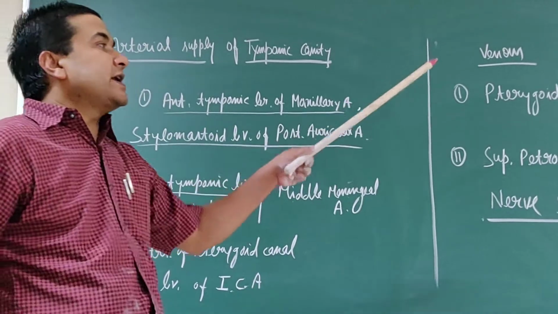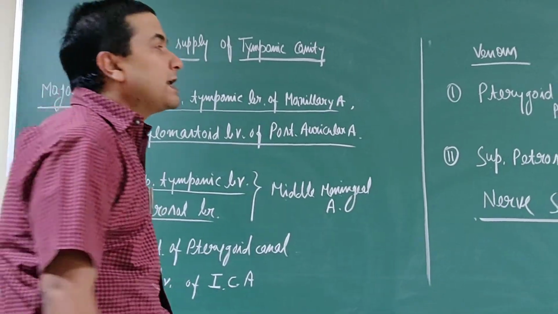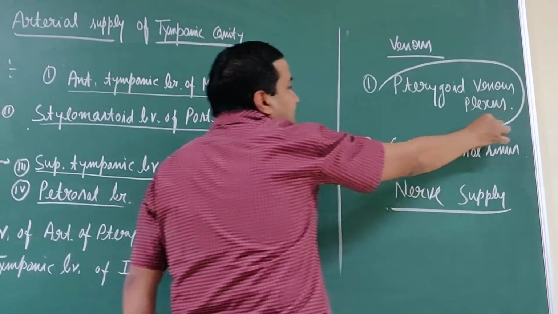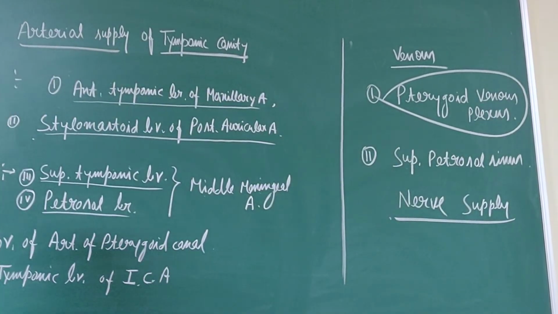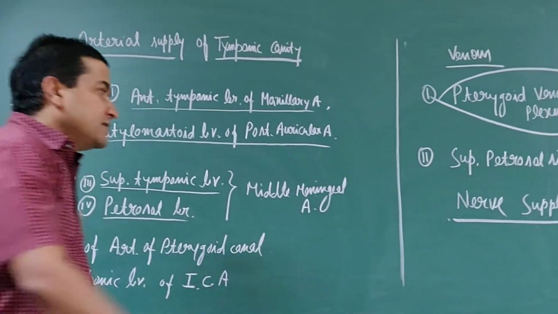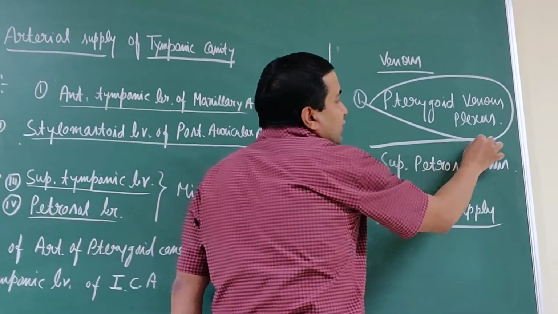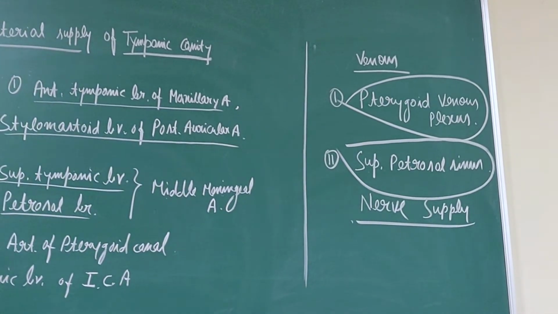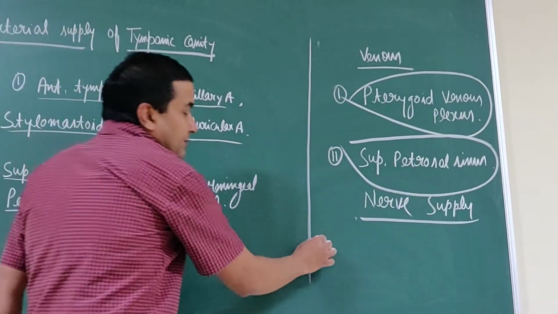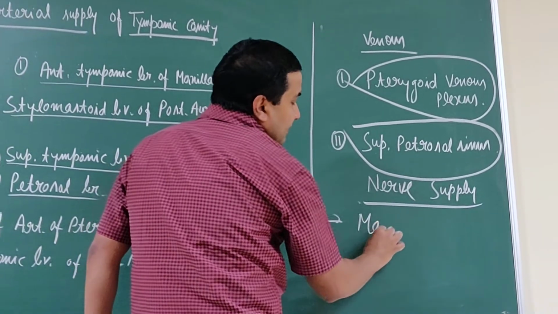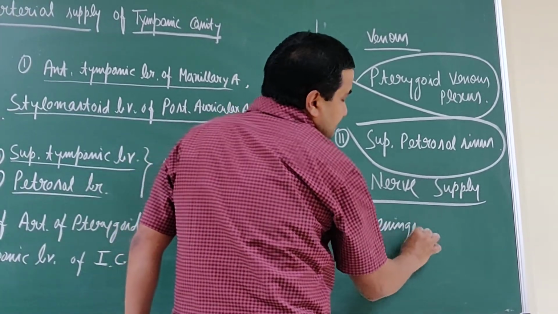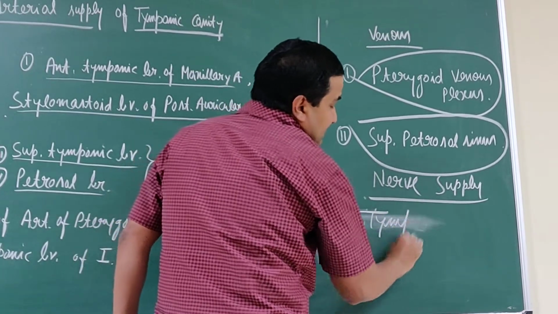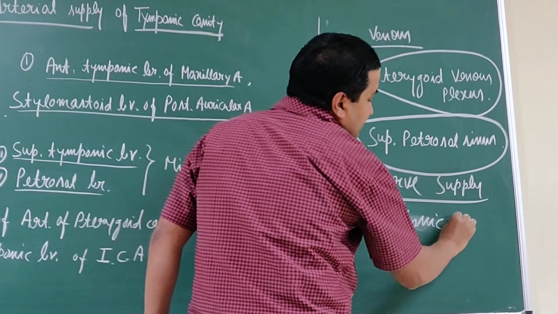Now if you see the venous drainage, the veins from the middle ear cavity go into the pterygoid venous plexus, as well as drain into the superior petrosal sinus. If you see the nerve supply, it is the tympanic plexus.